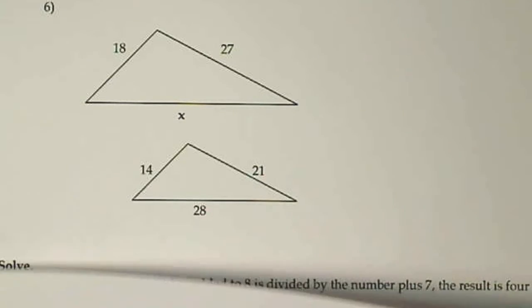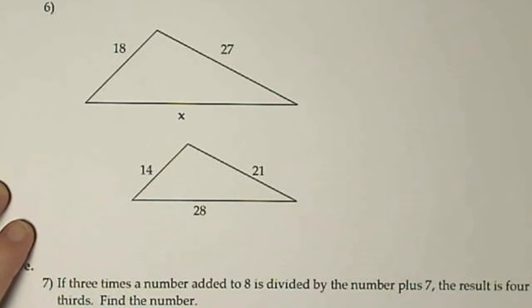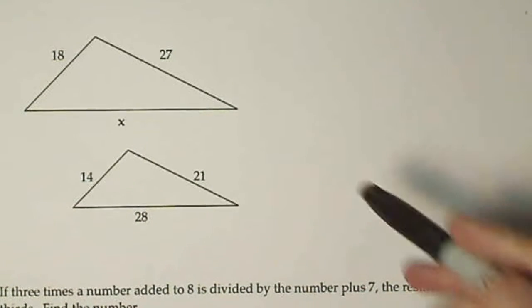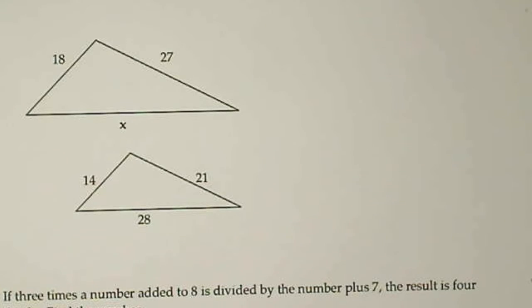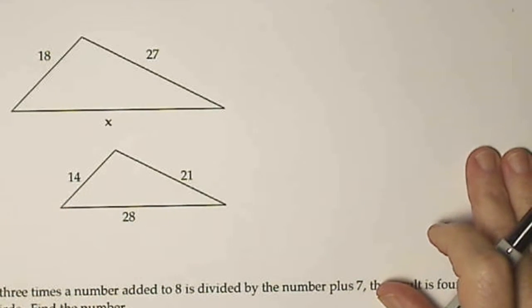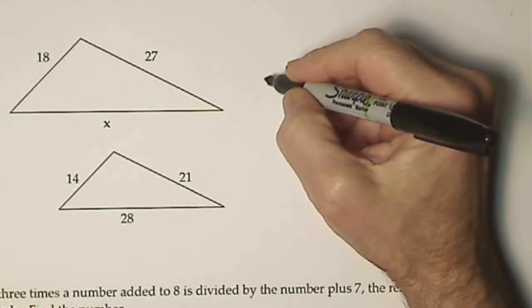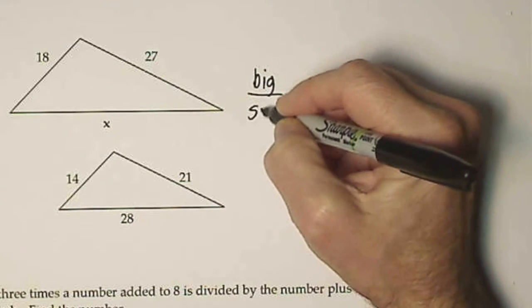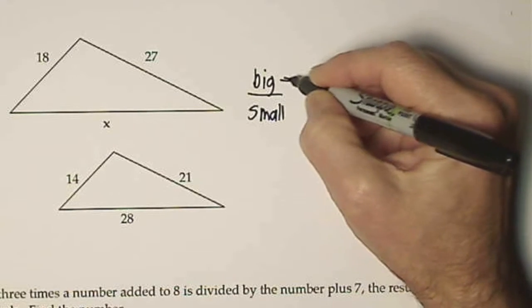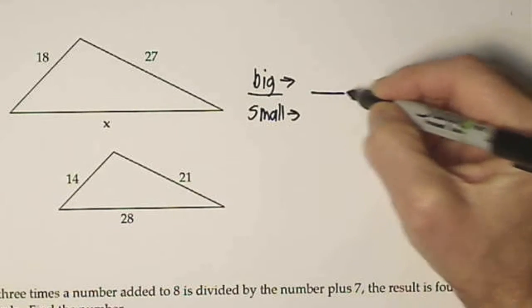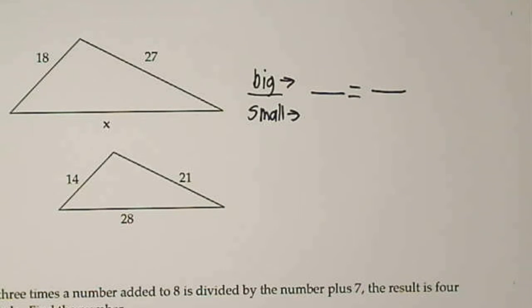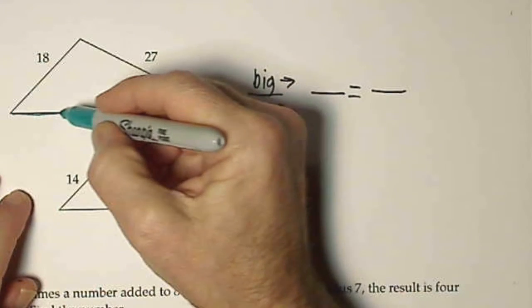And again, they seem to give us a big and a small. Maybe I'll work these off to the side. These numbers are getting a little larger. So I have big over small. Stay with that pattern. Alright, so we've got the x, you got to make sure it shows up in your calculation.